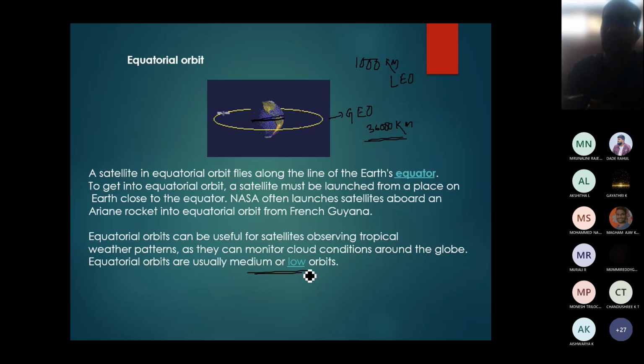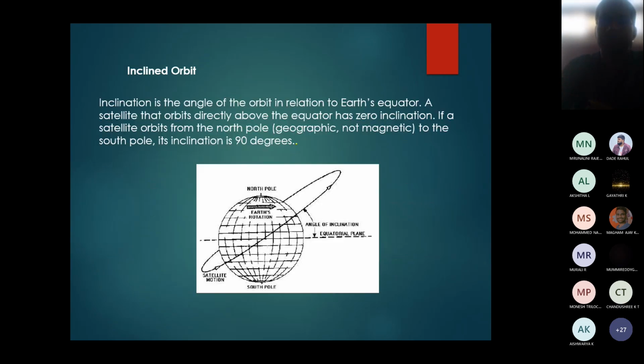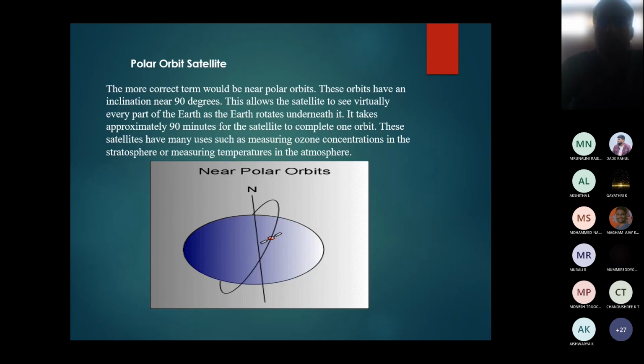That's why those satellites are of lower height. And this is the inclined orbit, as I have shown. Like inclined orbit, there can be a polar orbit satellite. Polar orbit means the satellite is covering the north and south poles of the Earth.